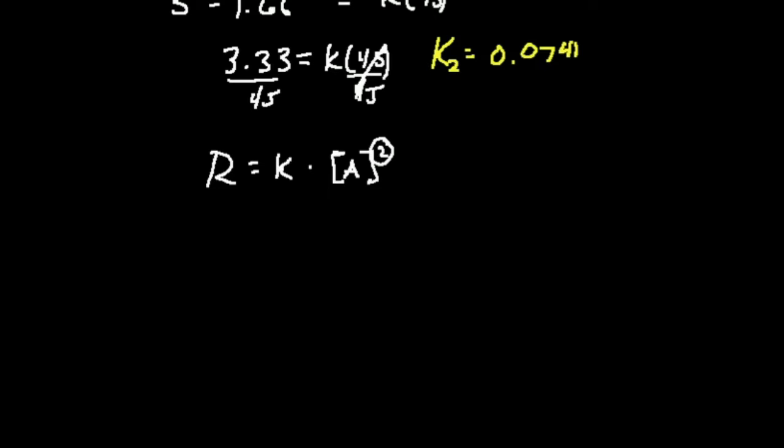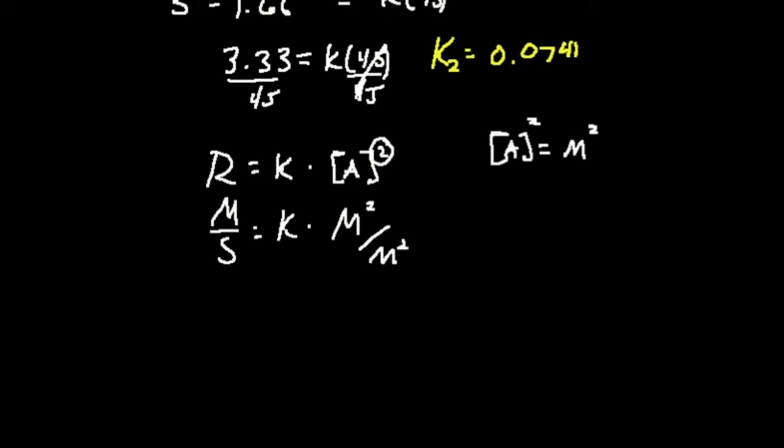And what I'm going to do is fill in the units of each of these variables. Rate is always molar per second, or some concentration per unit time. We're solving for the units of K, and then what is concentration's unit? Well, it's molar. So if we have concentration squared, then this has to be molar squared. So now I'm going to divide both sides by molar squared.